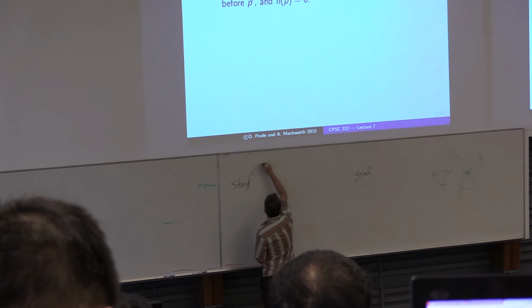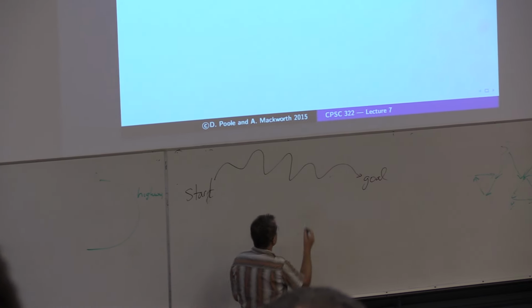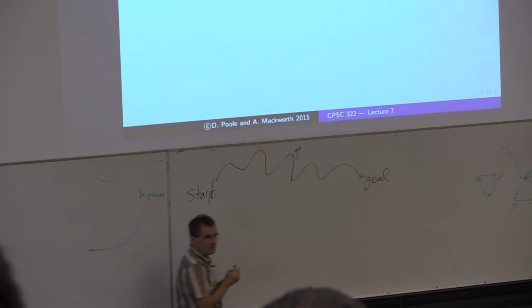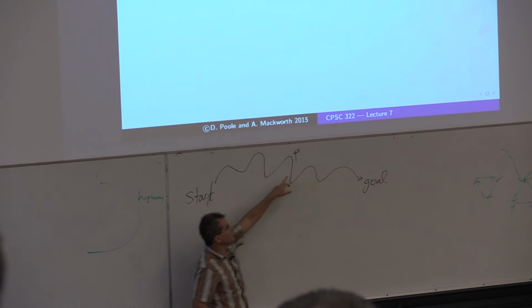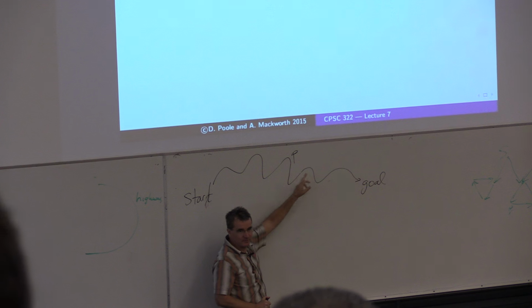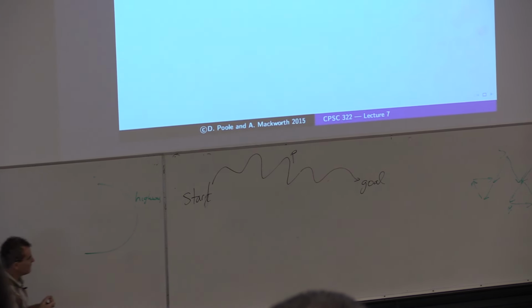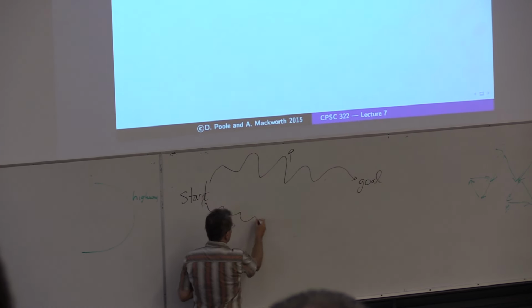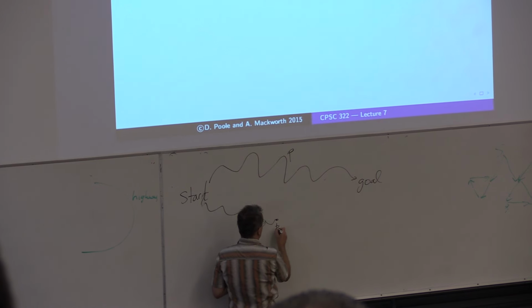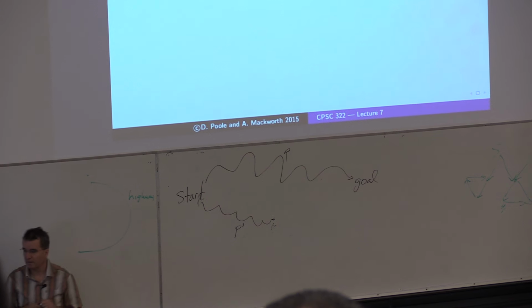Over here we have a path, we don't know where it goes, that leads to the goal. That's path P. It might be some long circuitous route, but it's the first path found to a goal that's selected. And suppose there's some other path P prime.